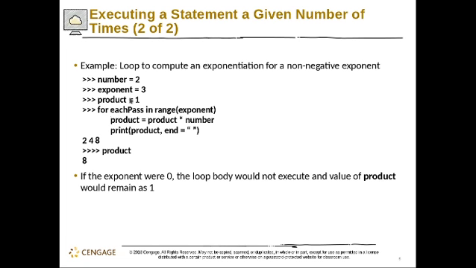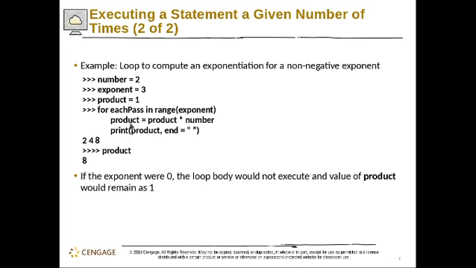The product is changing values for each iteration of this loop, and it will print the product at the end of each iteration. In the first iteration, the number is 2 and the product is 1, so the product is 1 times 2, that's 2. The new value for the product is now 2.